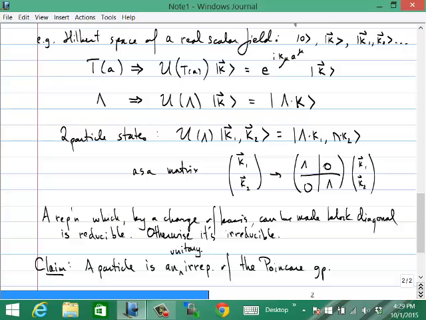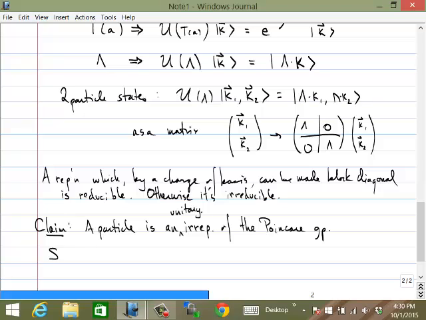So, for example, we saw that the scalar field is a Hilbert space whose basis of single particle states is given by an irreducible representation of the Poincare group, which has 1 degree of freedom per momentum mode.